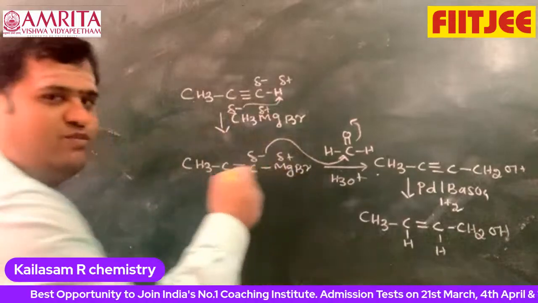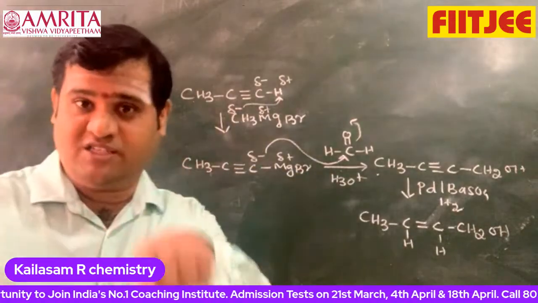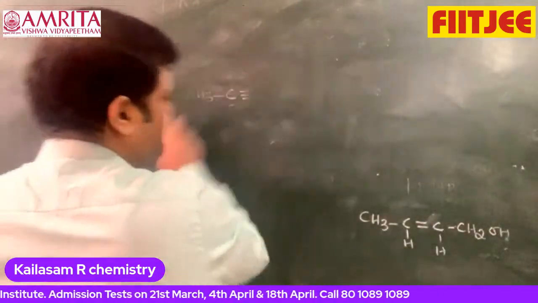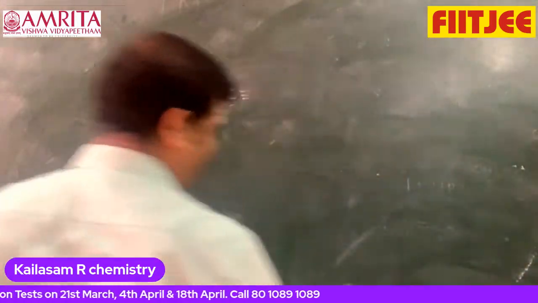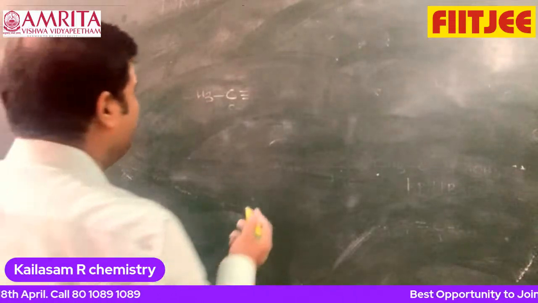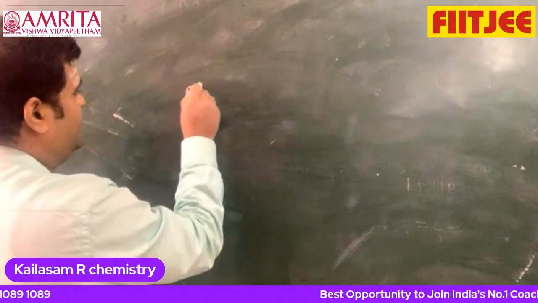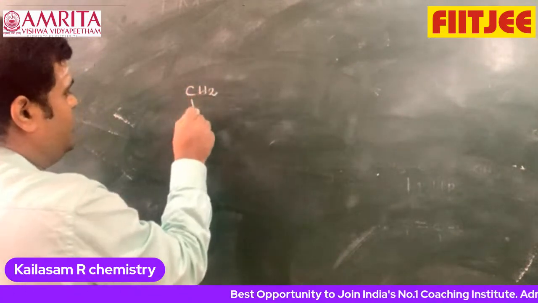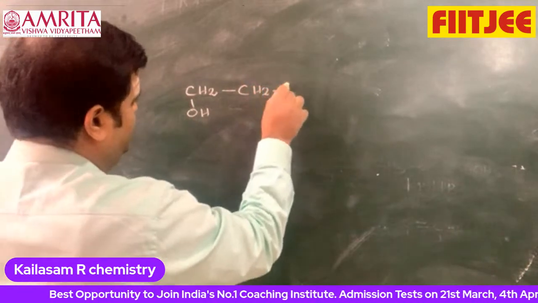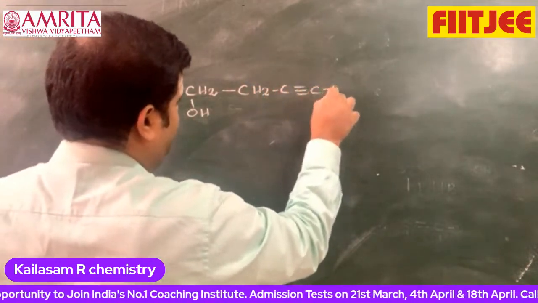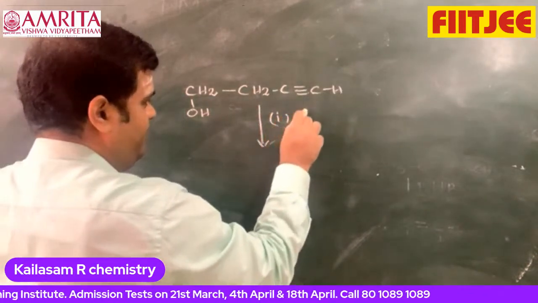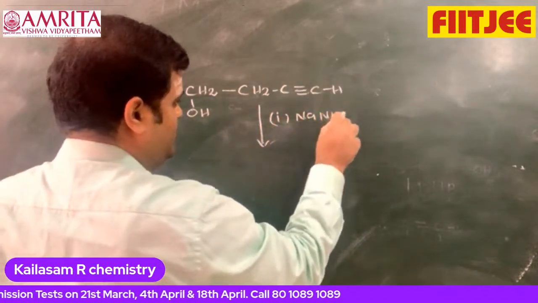You may expect these types of questions. One more question I'll discuss finally. Very interesting. It's a very important question. Listen carefully. Now I'll go with HOCH2, CH2, C triple bond CH. Step 1: NaNH2.